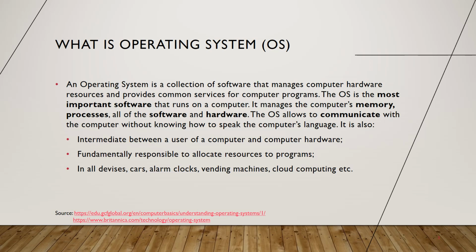It's fundamentally responsible to allocate resources to programs, and it is currently available in one form or another in all devices, in our cars, in our alarm clocks, vending machines, cloud computing, you just name it. Without operating system, all these hardwares that we use day to day do not function as we are used to.